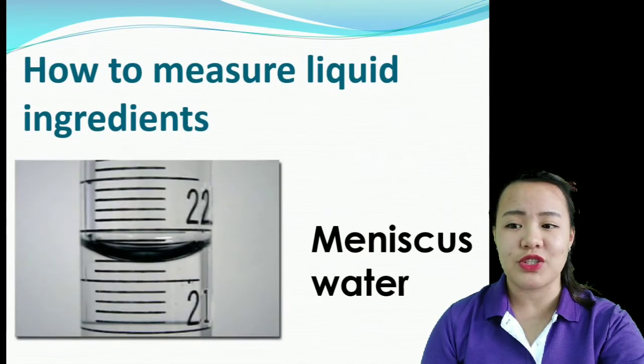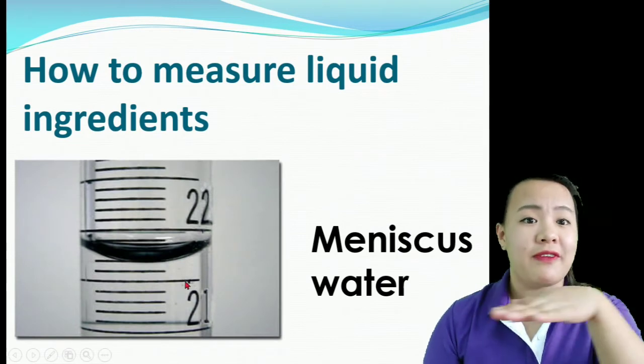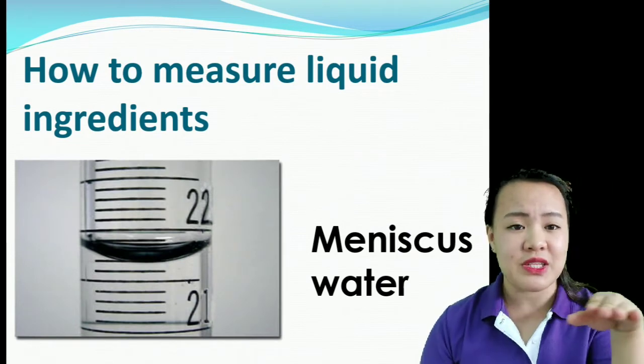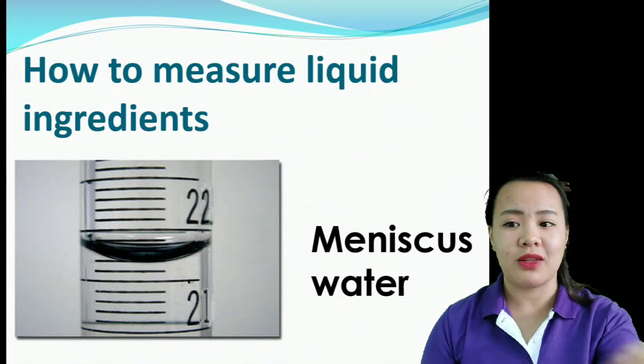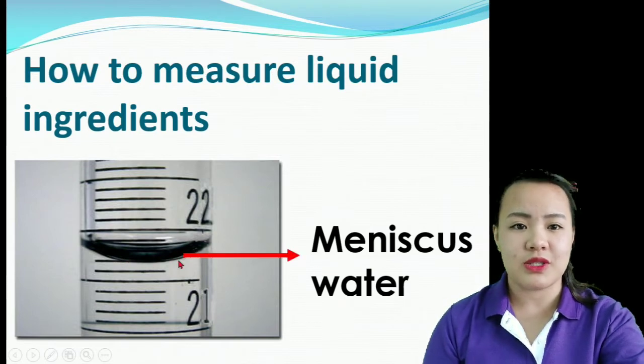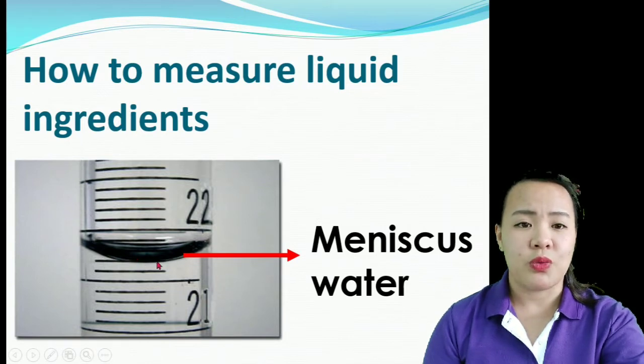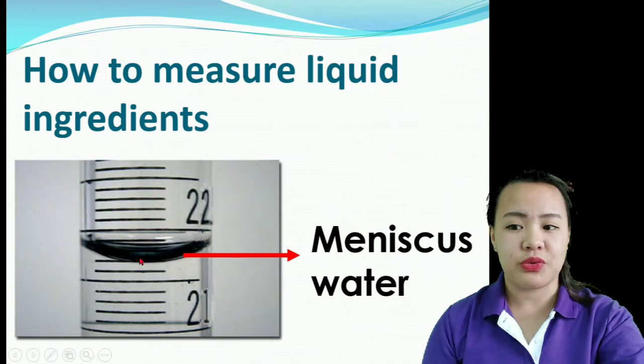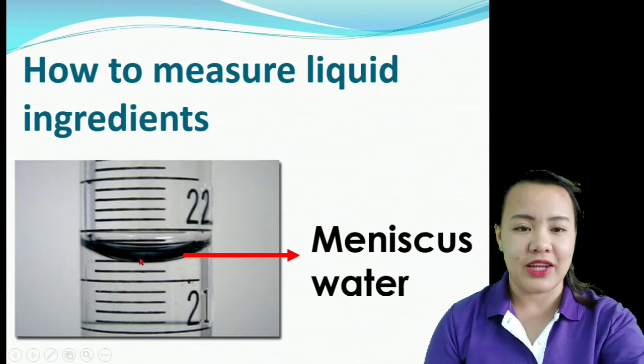First, you put them on a flat or leveled surface, as you saw a while ago. You measure it in this part, this one. We call this the meniscus. The meniscus is where you stop measuring the liquid ingredients.